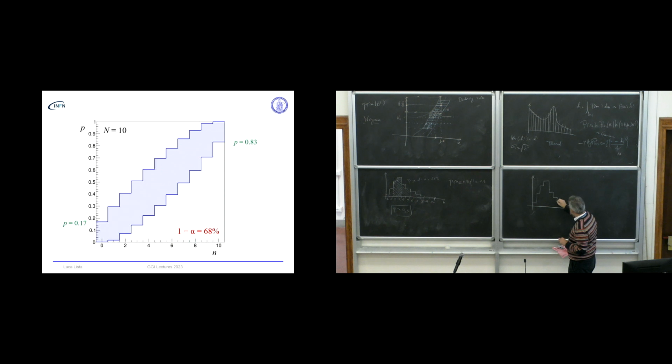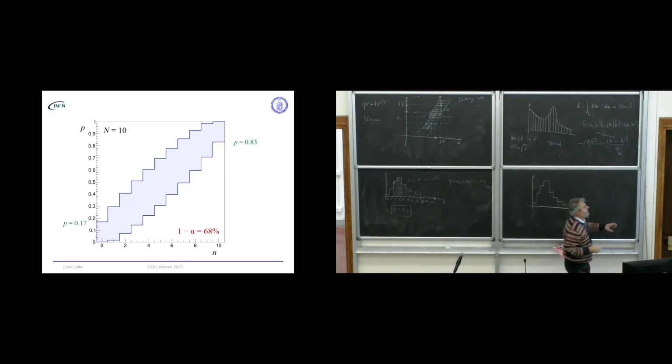I start to add bins, and I stop where this area, P tail, is less or equal to alpha divided by 2. If I take one bin more, I exceed alpha divided by 2. So I take the largest interval from the right, which takes out from the interval which I want to select alpha divided by 2. In this way, I can build this construction here, which is very interesting.